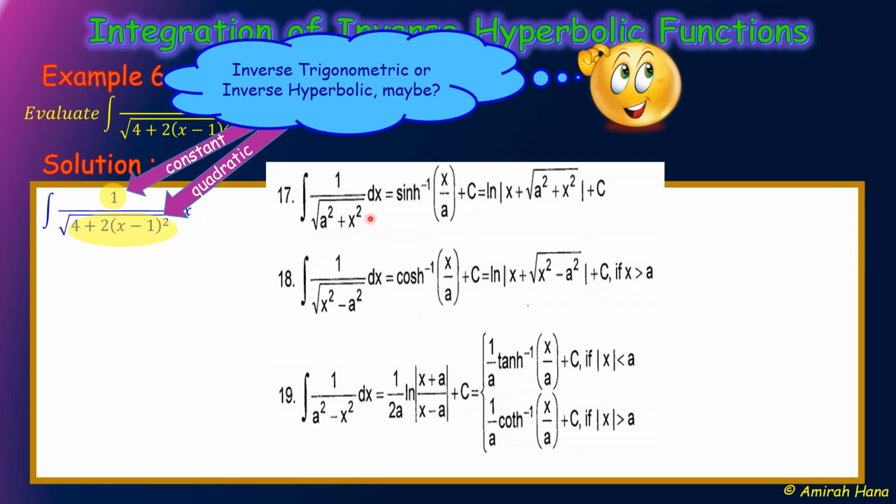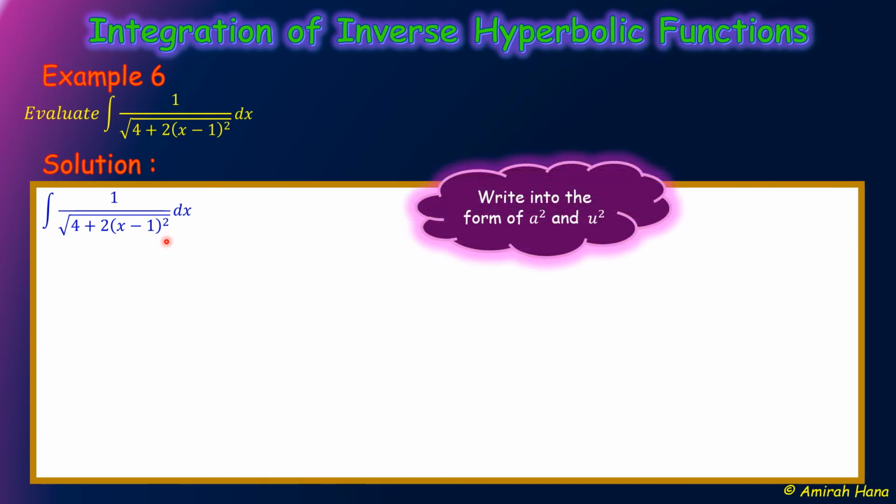to the formula in the appendix. Okay, from this formula that we get from the appendix, the coefficient of x should be 1. So what we should do is move the constant 2 out of the square root symbol, to write into the form of a squared and u squared.